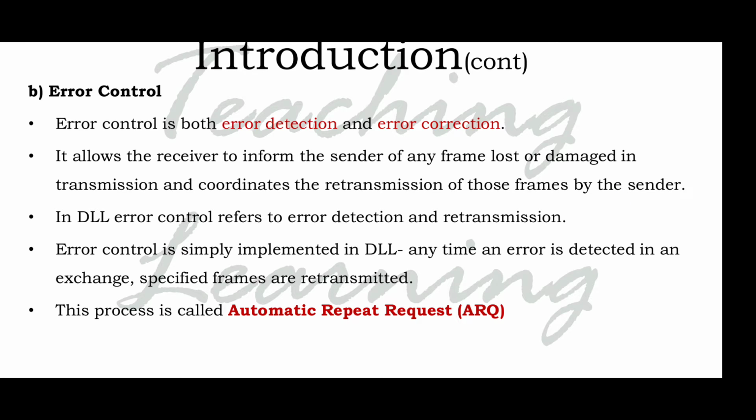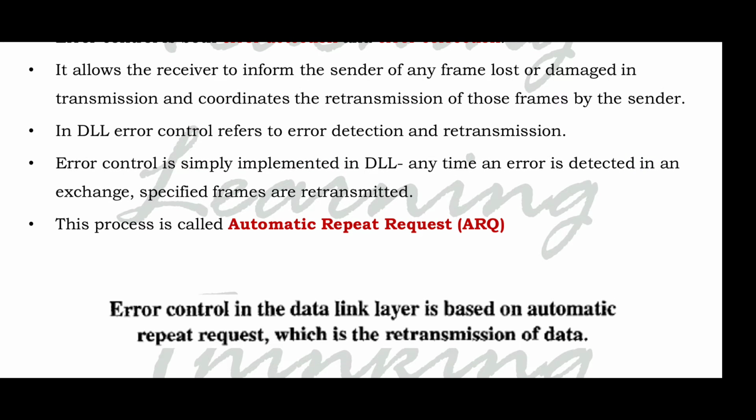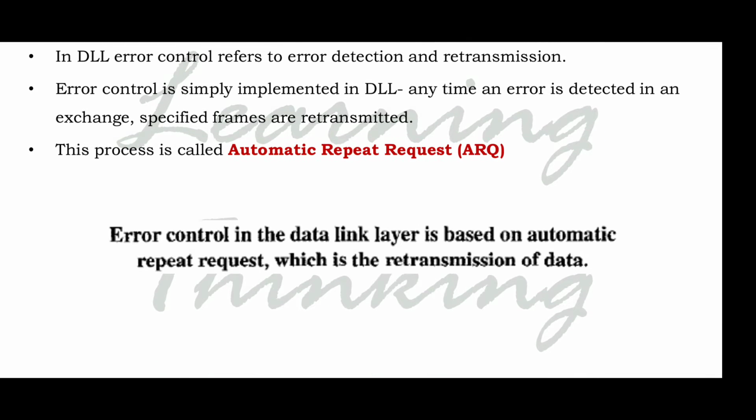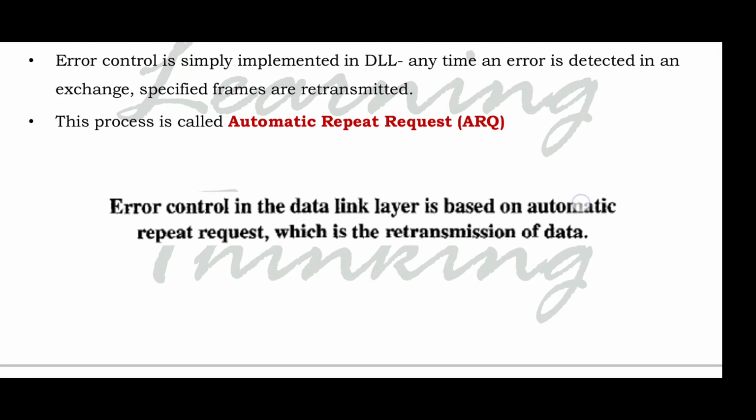Error control in the data link layer is based on automatic repeat request, which is the retransmission of data. Whenever an error is detected in the frames, it coordinates with the sender to resend the frames from sender to receiver.